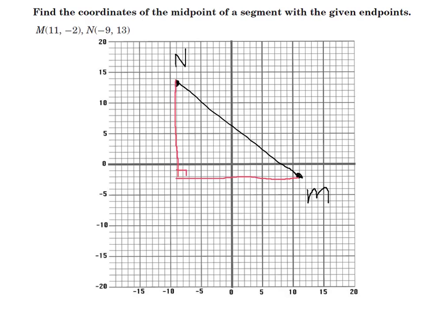So for N, this vertical distance right here, this leg that drops straight down from N, I can count how many spaces I have from 13 down to negative 2, and that's 15.